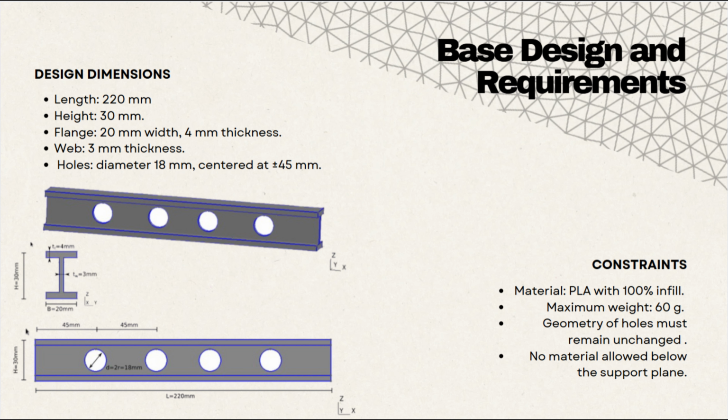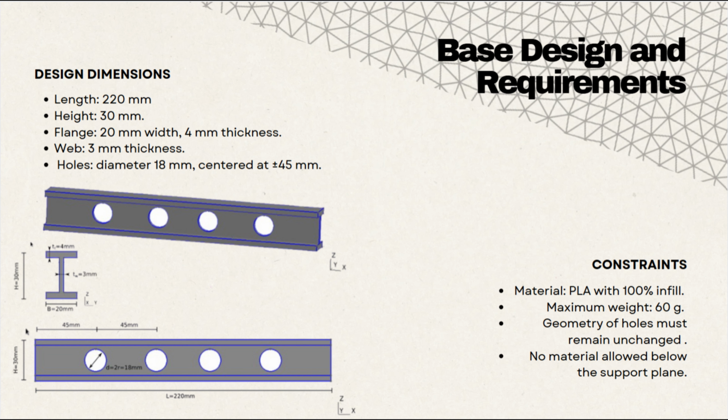So let's start from the beginning, the design requirements. The length must be 220 millimeters, the height must be 30 millimeters, the flange width and thickness must be 20 and 4 millimeters respectively, and the web thickness must be 3 millimeters.